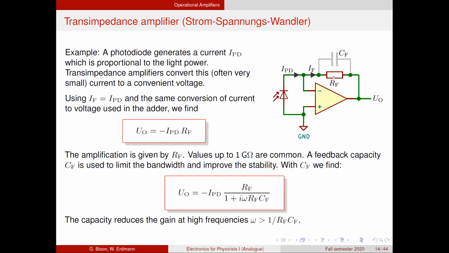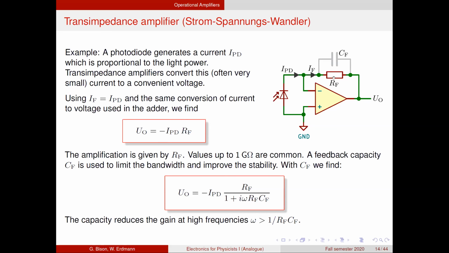And in this case, we do the same thing. We just generate the current with a different device, in this case, a photodiode. And then it's trivial to calculate the output voltage. It's simply the voltage needed to drive the same current as from the photodiode through the feedback resistor.